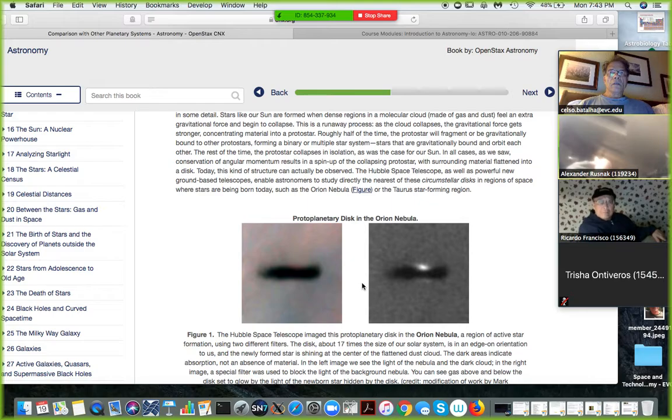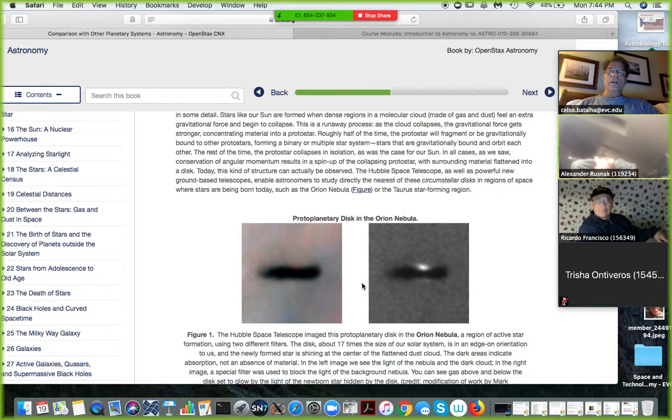One of the groups is studying the interaction of this type of disk with stars still in the process of formation, called T-Tauri stars. They do have disks, and we can observe the interaction of the disks with the stars. So this is a phenomenon that is happening as we speak.